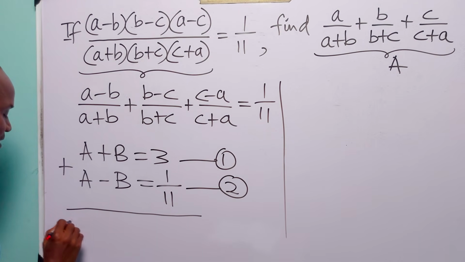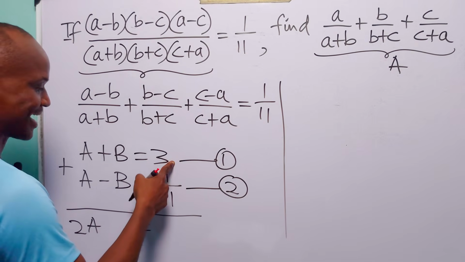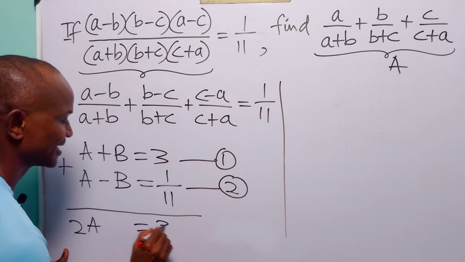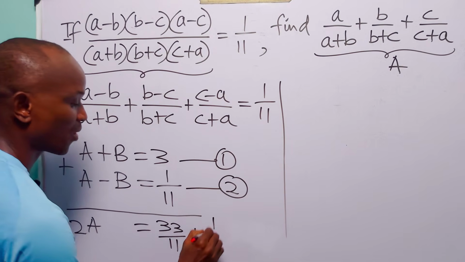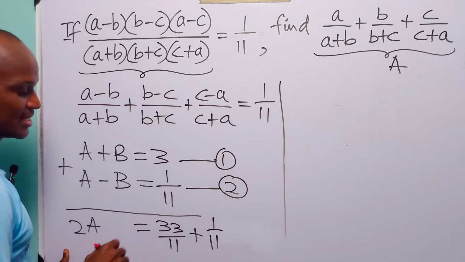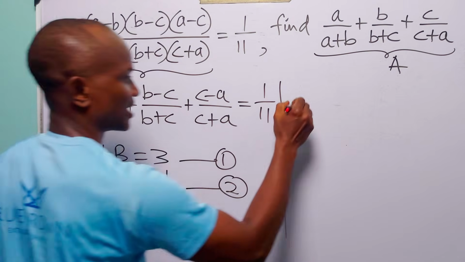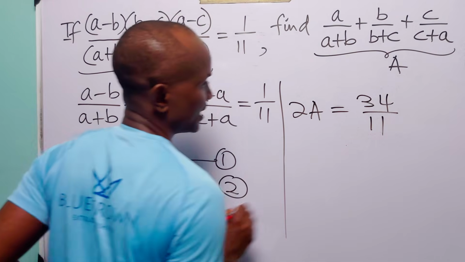When we do that, we have 2A equal to, now we can write 3 as 33 over 11 plus 1 over 11. 33 plus 1 is equal to 34. So we have that 2A is equal to 34 over 11.